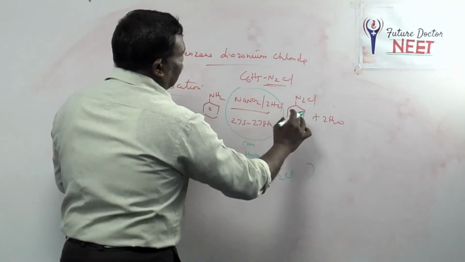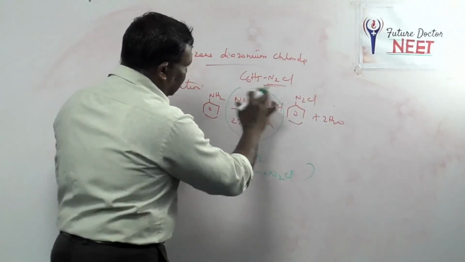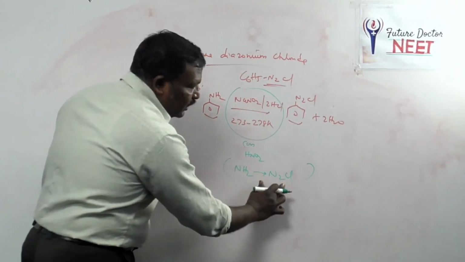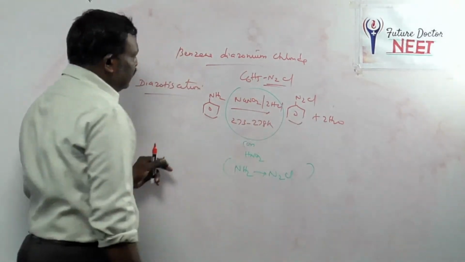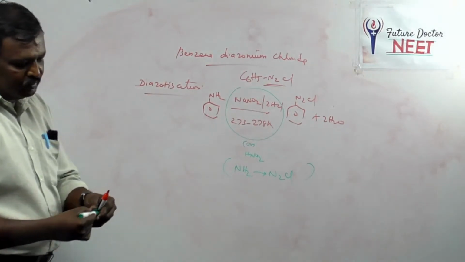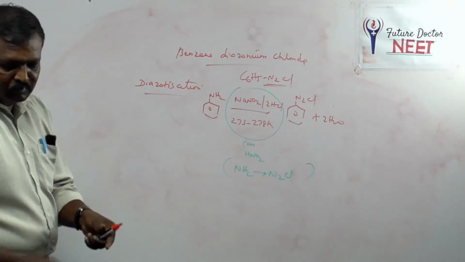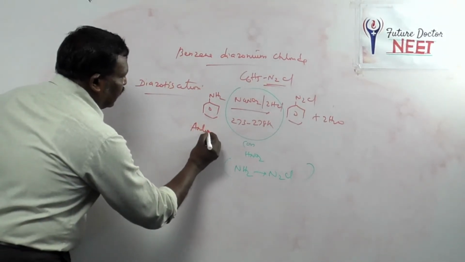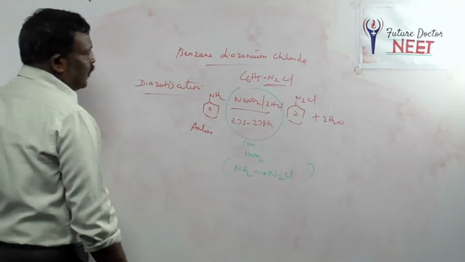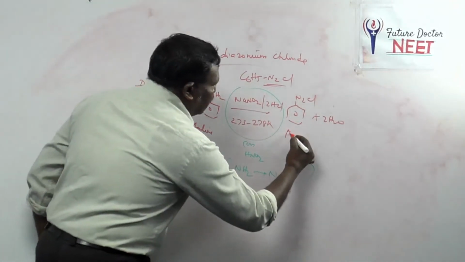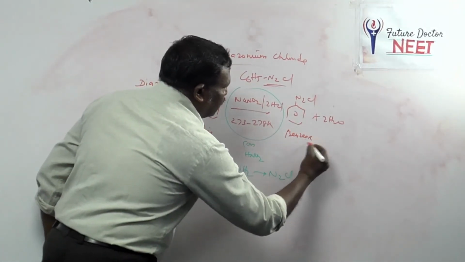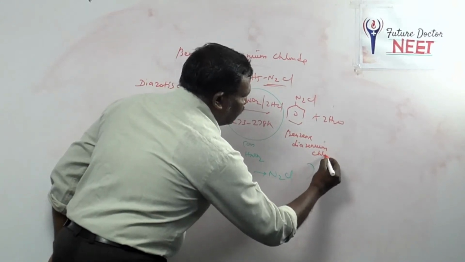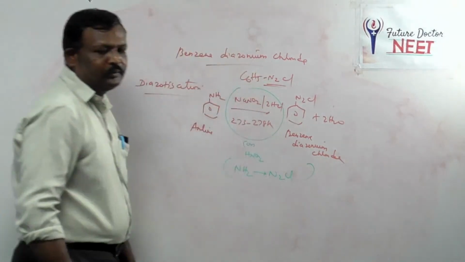So you must know this is the reagent to convert NH2 to N2Cl. Only one method. Write fast. So aniline undergoes diazotization to form benzene diazonium chloride. Understood?